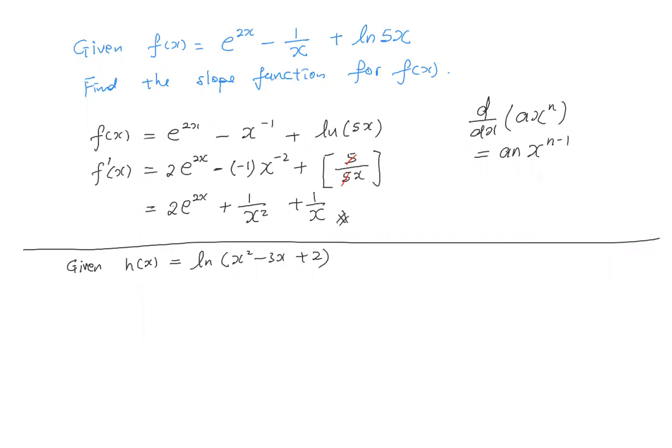Find the rate of change of h(x) at x equal to 5. Workable or not for this case? x equal to 5, ln x is greater than 0, so it's workable.